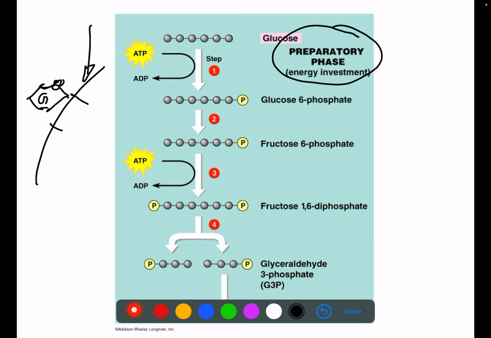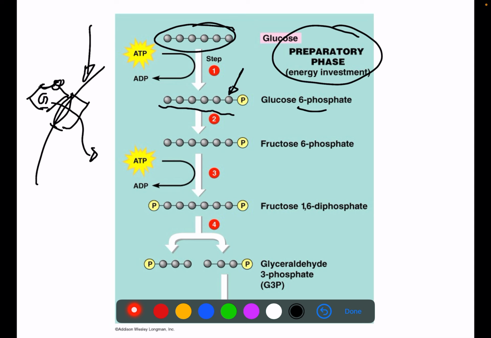So we're going to need some sort of transport vesicle, and then glucose can go in. And as soon as it goes in, that glucose, now seen here in its linear form, is going to be phosphorylated. We're going to add a phosphate to it. Here it is, glucose with a phosphate on the 6th carbon. See the 6th carbon? So glucose 6-phosphate.